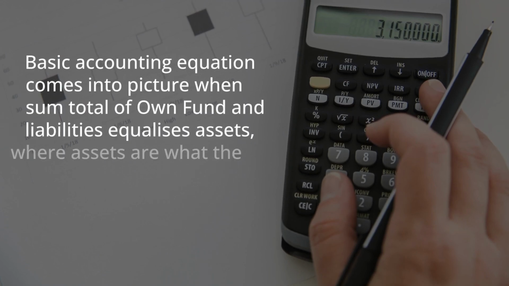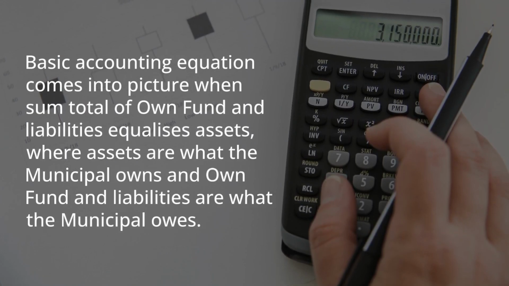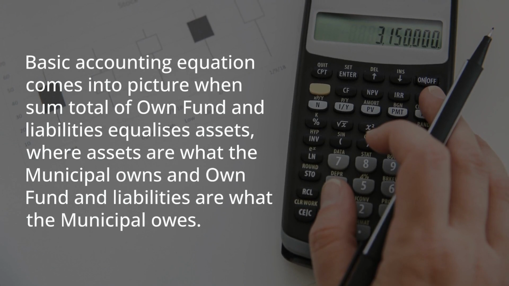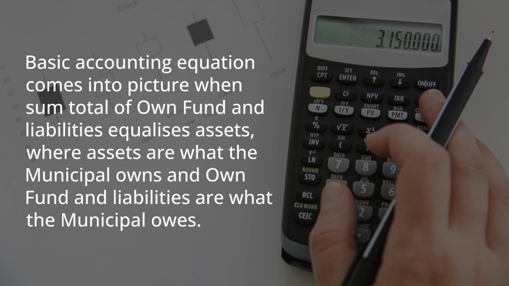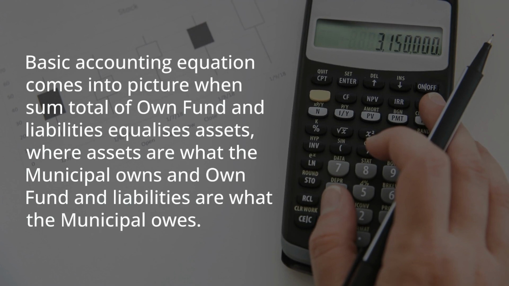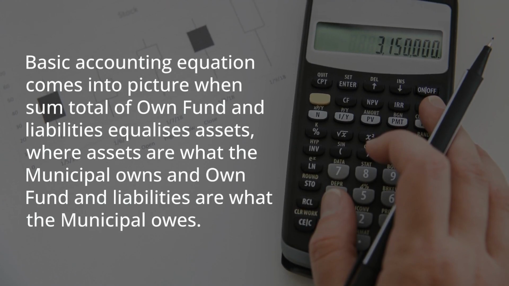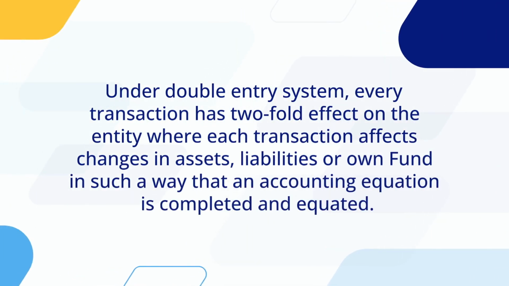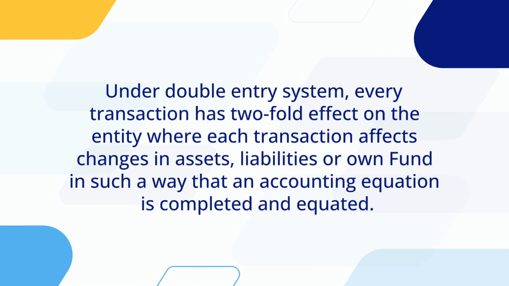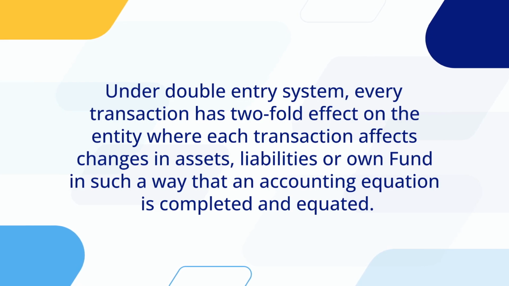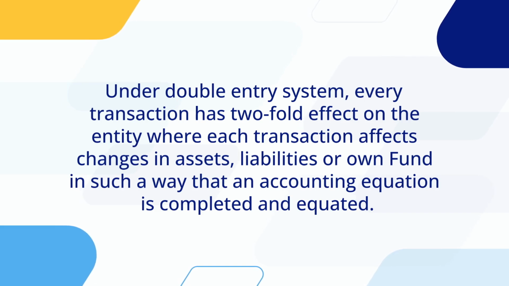The basic accounting equation comes into picture when the sum total of own fund and liabilities equals assets, where assets are what the municipality owns and own fund and liabilities are what the municipality owes. Under the double entry system, every transaction has a twofold effect on the entity, where each transaction affects changes in assets, liabilities, or own fund in such a way that the accounting equation is completed and equated.